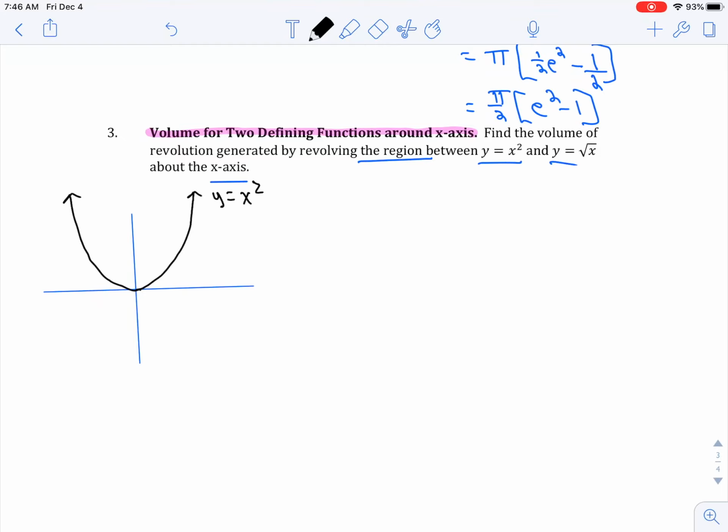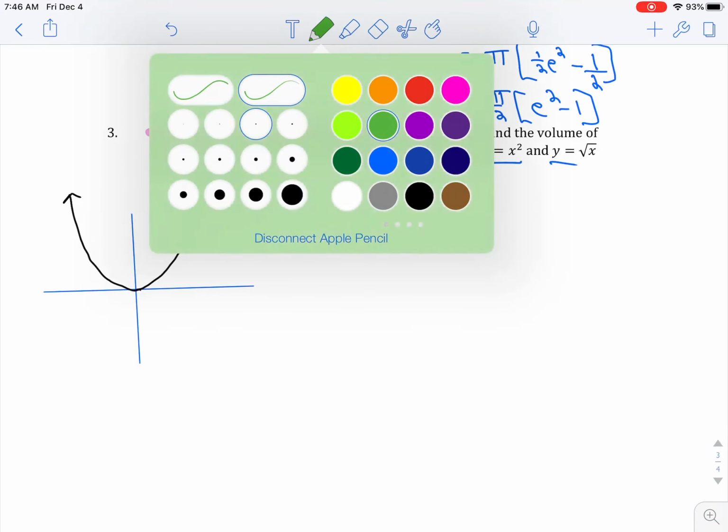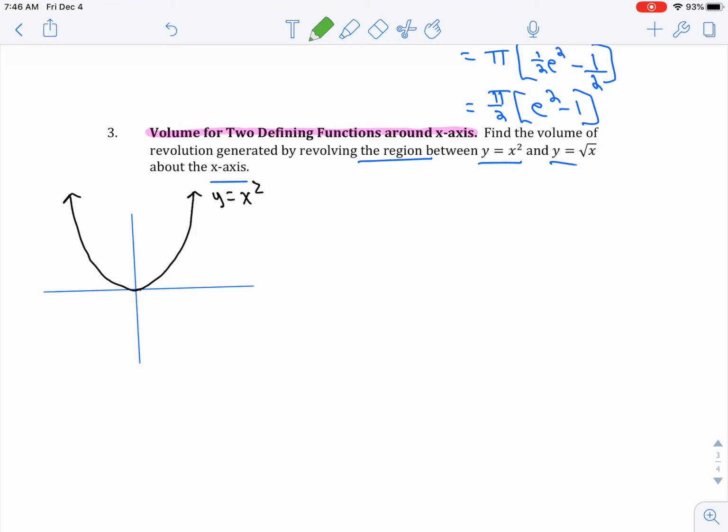I mean, we can draw the whole thing here, all right? But our other one is the square root of x, and the square root of x looks like this. And basically they're saying, take this region that's bounded by these two functions, which is this region right here, and rotate that around the x-axis.